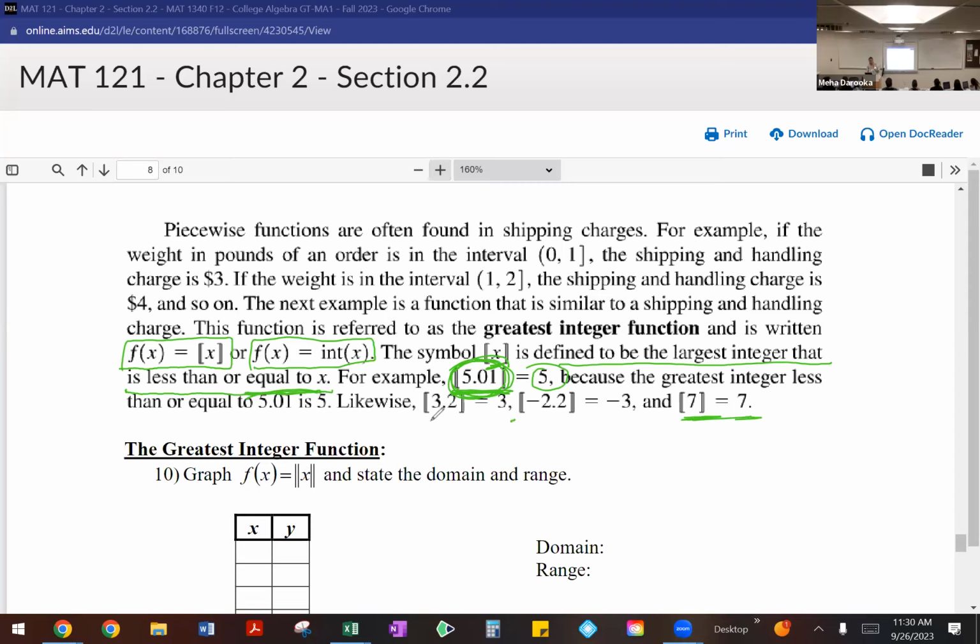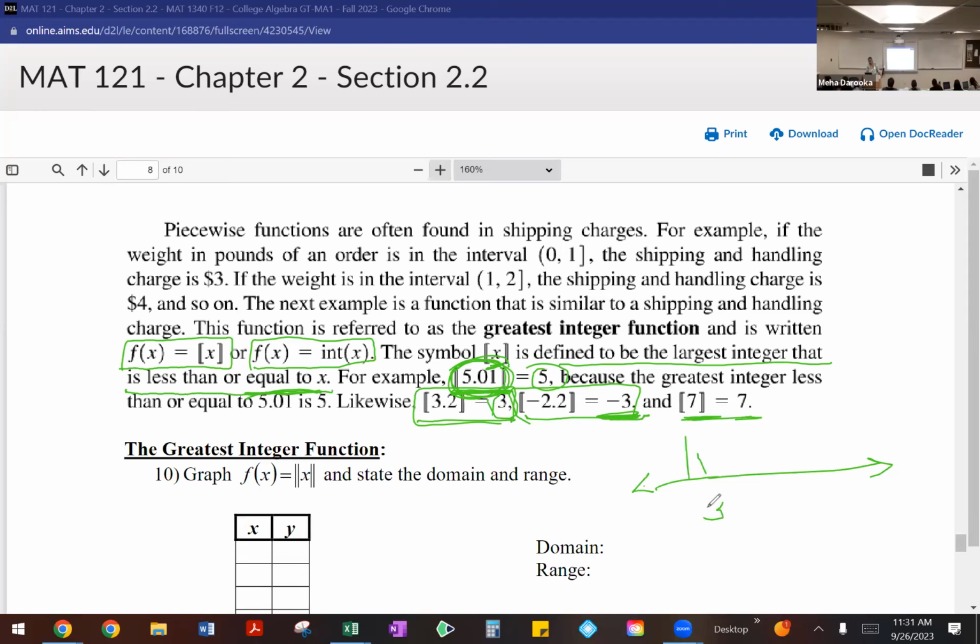But if you have something like 3.2, then the largest integer less than 3.2, of course, is going to be 3. On the negative side, when you're talking about negative 2.2, you're talking about the largest integer less than that. It's not going to be negative 2, guys. It's going to be negative 3. Just think on the number line.